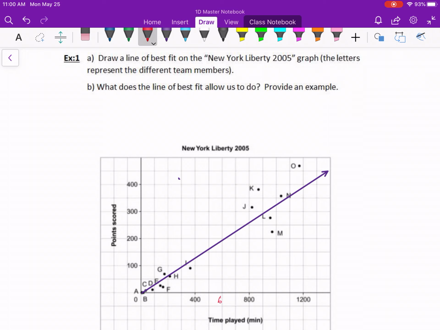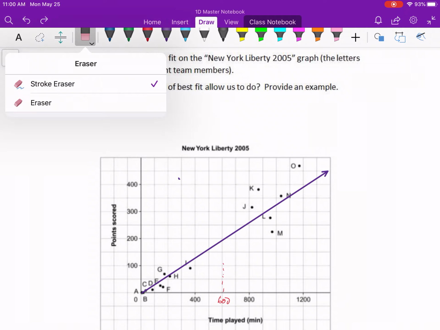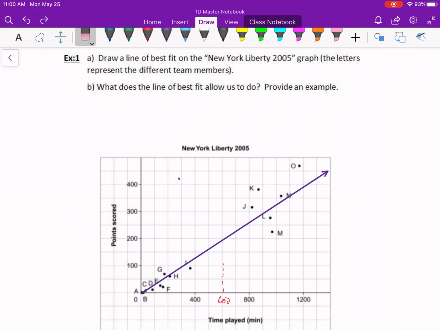Well, 600 is here. Now I can look at this graph and go, oh, okay, they should score about 200 points based on the data that I've got. So that's what it allows us to do.